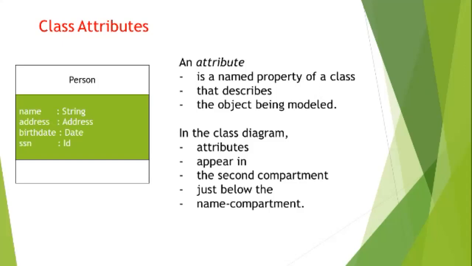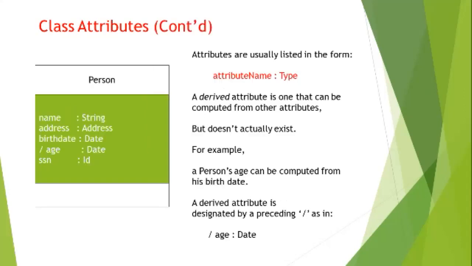Class attributes. An attribute is a named property of a class that describes the object being modeled. In the class diagram, attributes appear in the second compartment just below the name compartment. Here is the diagrammatic representation where person is the class and name, that is string, address, birth date, ID are attributes.